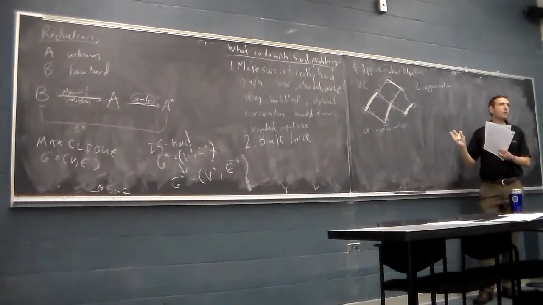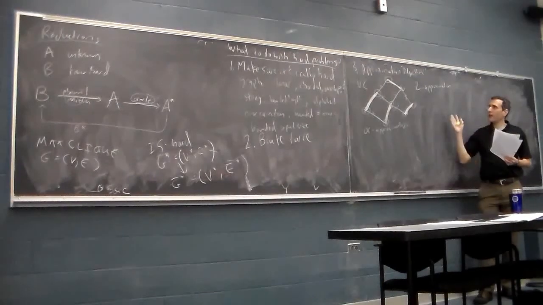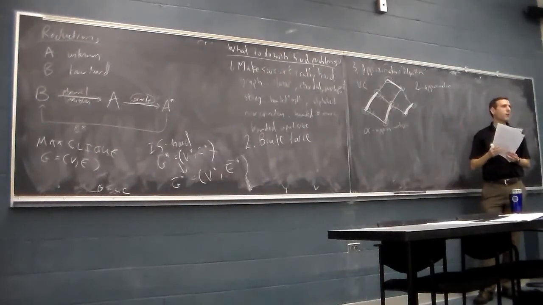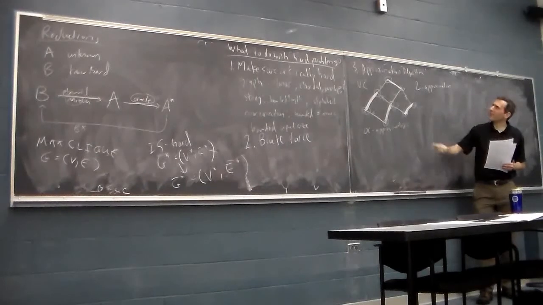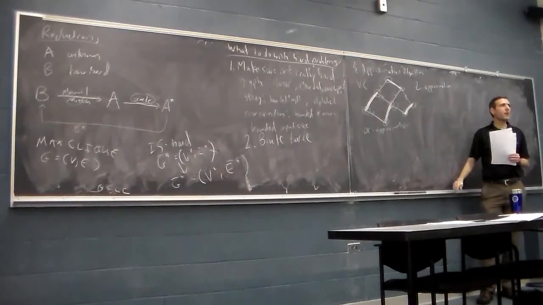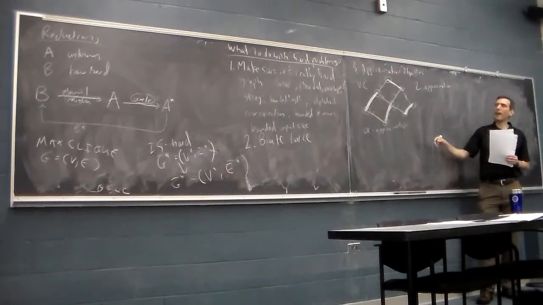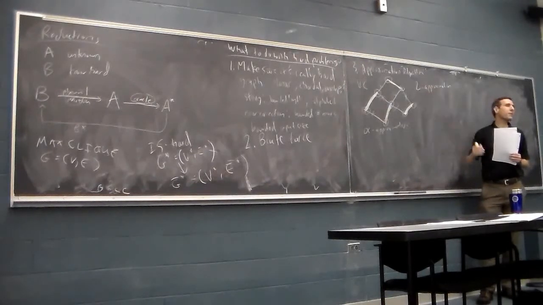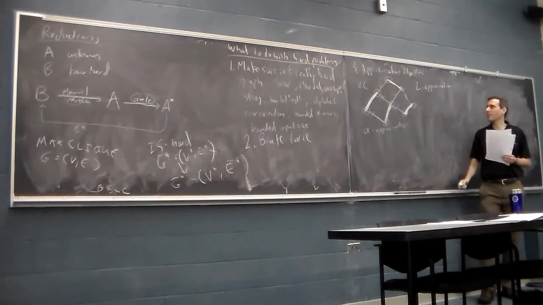And sometimes you can do this for up to some best alpha and then no better than that. I'm not actually sure what it is for vertex cover, but for some problems, for example, there are algorithms that can get you a 3/2 approximation. There's provably nothing that can do better than 3/2.